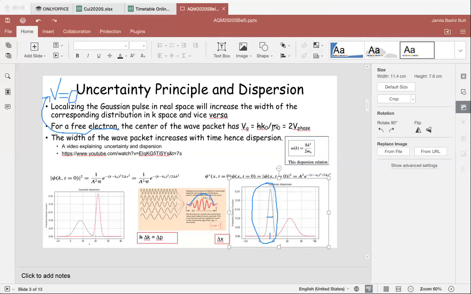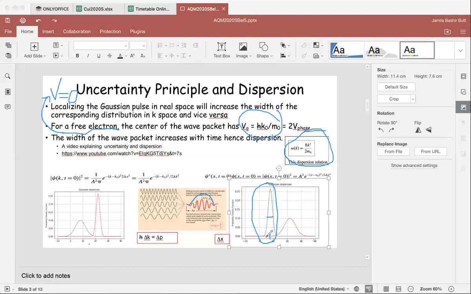For this free electron, we had obtained this dispersion relation, omega as a function of k, the wave number, given by this equation. If we use our formula of group velocity and phase velocity, we get that the group velocity will be twice the phase velocity. So after some time, the wave would start to disperse.